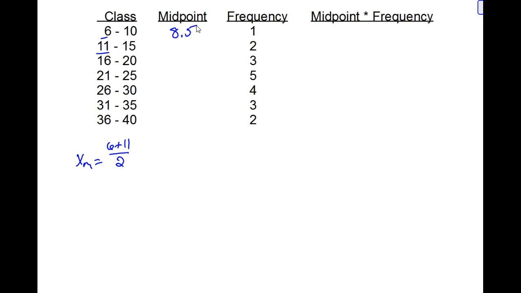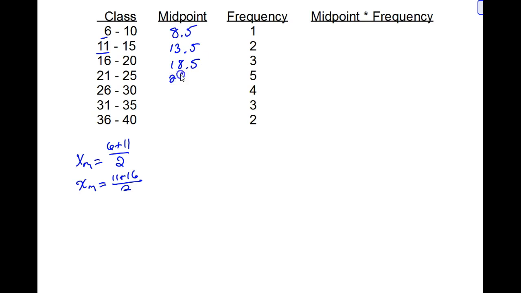And I'm going to do that all the way down. So the midpoint of the next one is 11 plus 16, and I'll divide it by 2. So 11 plus 16 is 27, divided by 2 will give me 13.5.